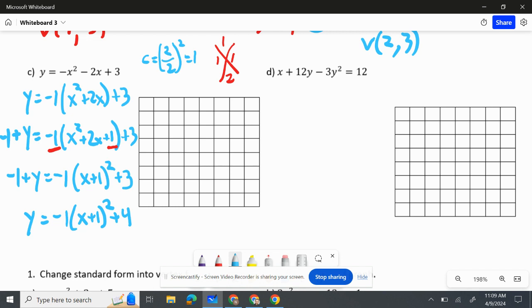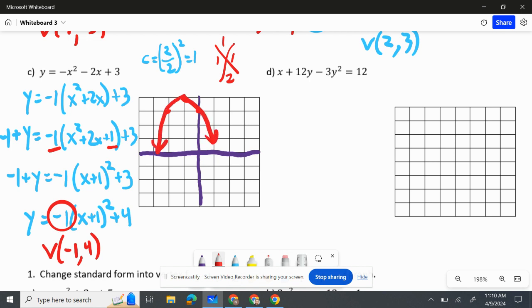So my vertex is going to be negative 1 and 4. Y equals means it goes up or down. Since my a value is negative, that means it's going to go down. So it goes down 1 to the right and to the left. And that right there gives me my quadratic.